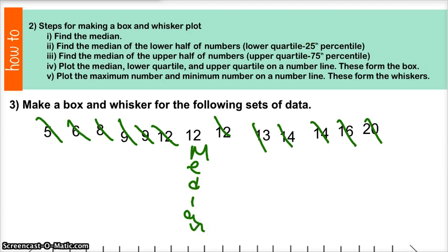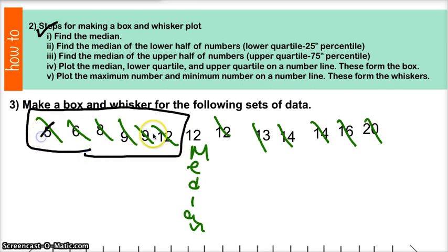So what we're going to do then, that was step 1. It says find the median of the lower half of the numbers. So now we're dealing with this lower half of numbers, and you want to find the middle there. So the middle is going to be between 8 and 9, so it's going to be 8.5. So that's going to be that lower quartile.